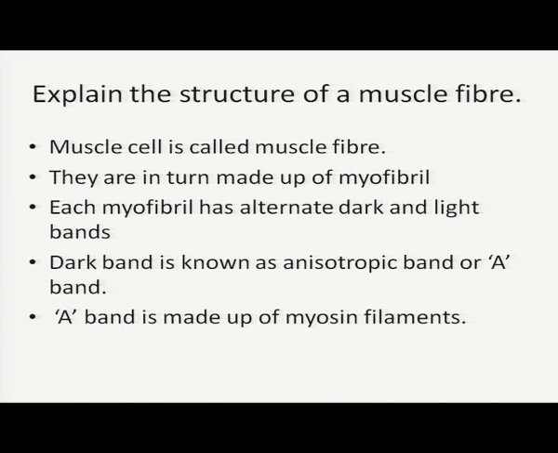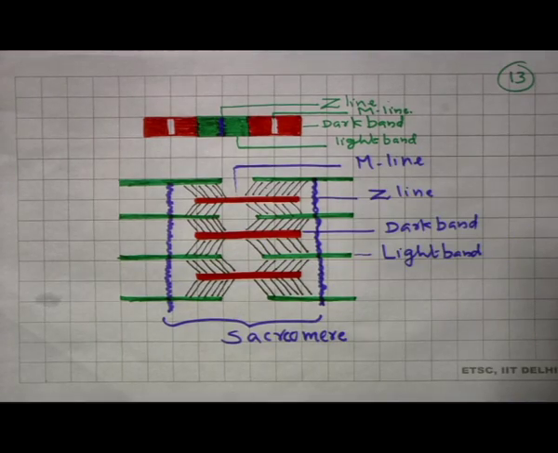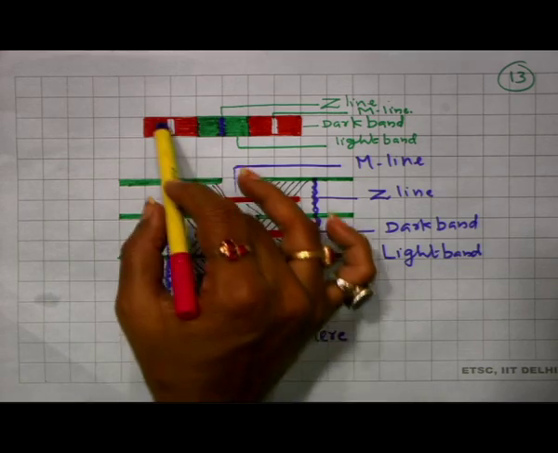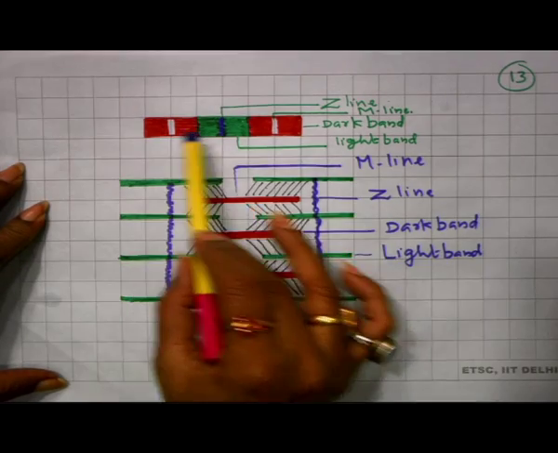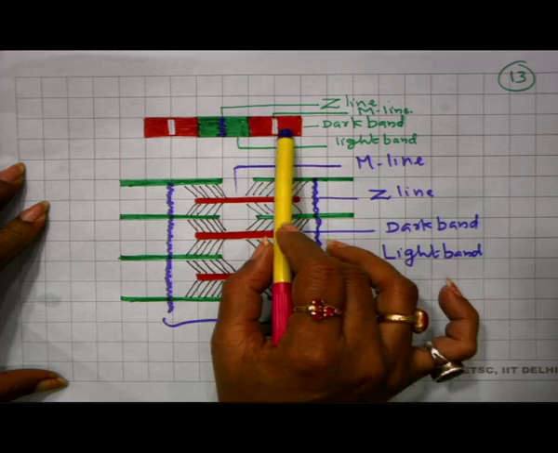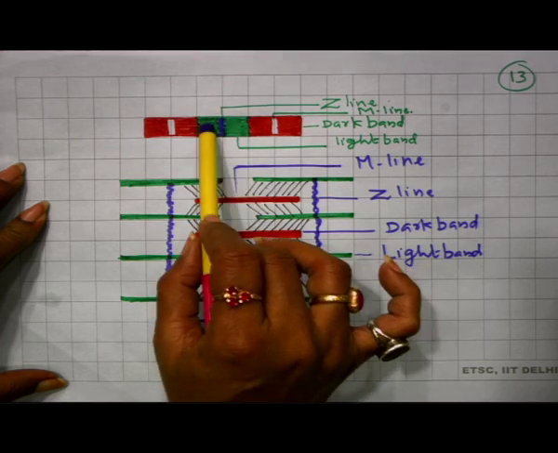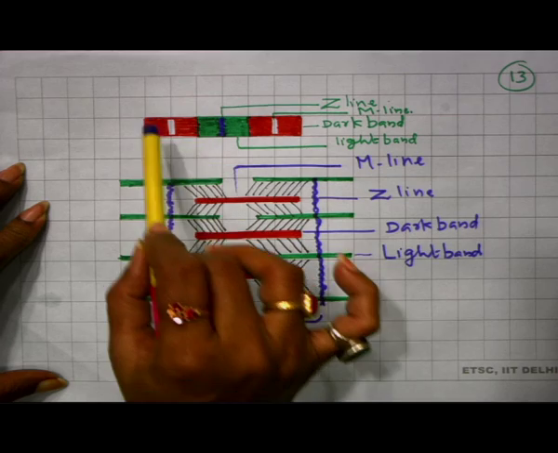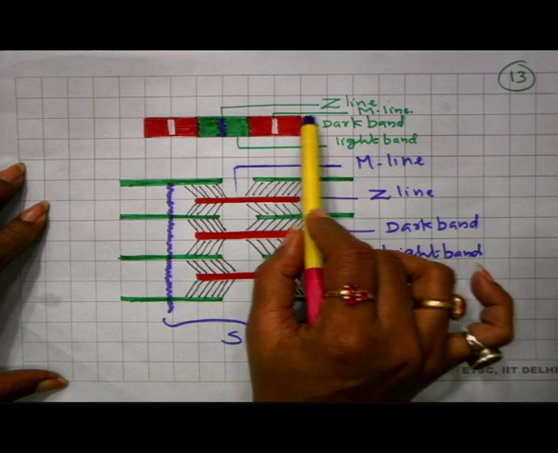Here you can see the structure of a myofibril portion with alternate dark bands. This is the dark band, red in color, and here it is the light band that I have shown with the green color. So, there are alternate dark band, light band, dark band, light band like this.